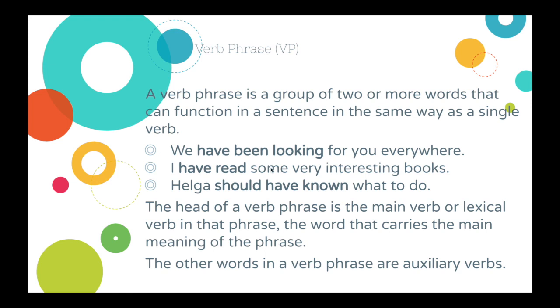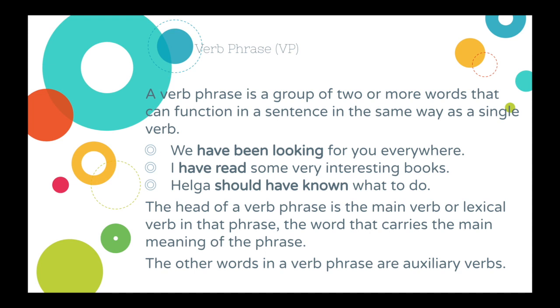They could also bring other meaning, like the tense: past, present, or future. Oh, I forgot to put will. For example, the auxiliary verb will describes the future.